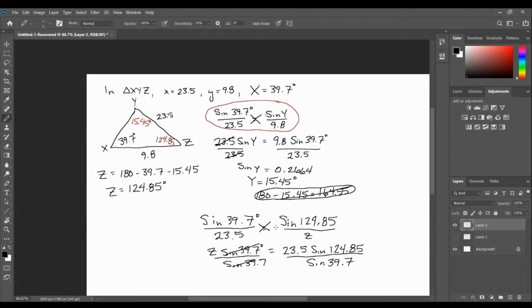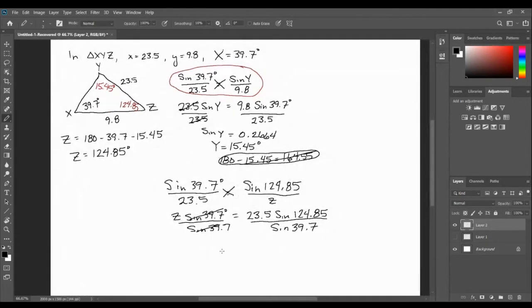The sine of 39.7 will cancel over here, and Z would be that calculation, 23.5 times the sine of 124.85 divided by the sine of 39.7. And that gives me 30.19, so I'll say 30.2. So this would be 30.2. Wow, that zero is terrible.